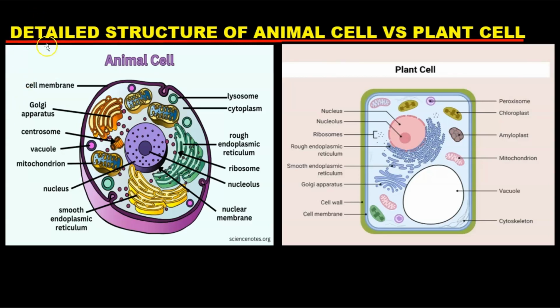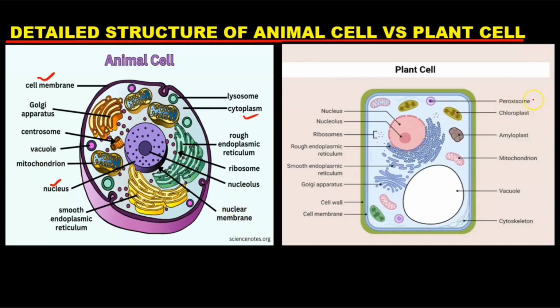In looking at the detailed structure, we still have the parts that we are familiar with. One of the parts we looked at under the simple structure was the cell membrane. So still in the detailed one, we have the cell membrane. The other one, we have the cytoplasm, and also we have the nucleus. That is what we've looked at so far.